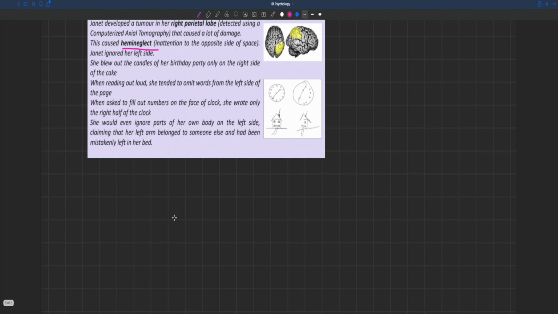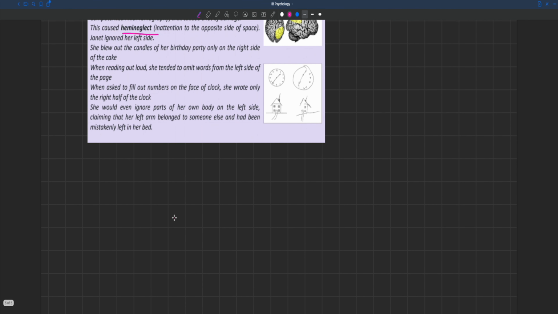Alright, so in order to tackle the question of what type of research method was used in the study, we must identify the characteristics of this study. We may notice that this study was more descriptive than typical experiments. And you can observe that it contains qualitative data, not quantitative data.